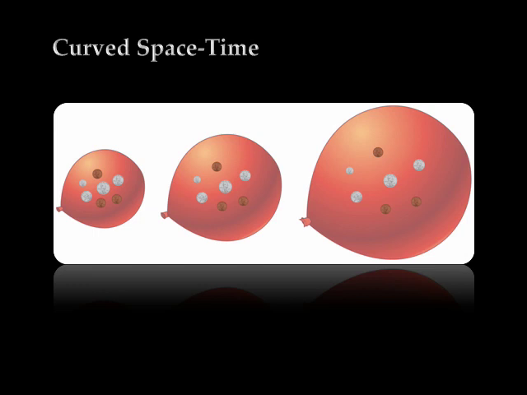The inter-coin distances, if I can call it that, are getting larger from the perspective of any coin. And so light emitted by any one of these coins, if they were galaxies in our real universe, would be redshifted according to that expansion. So all of the galaxies in our universe are essentially receding away from each other as the universe itself gets larger. It's the space-time that's expanding, not the physical extent of the universe.